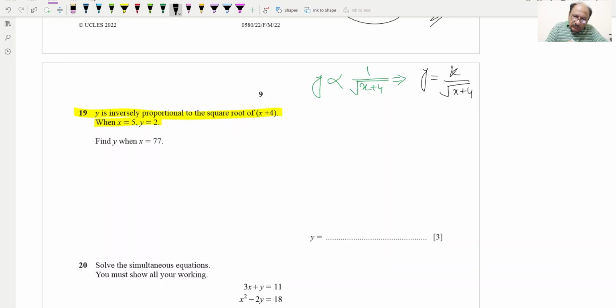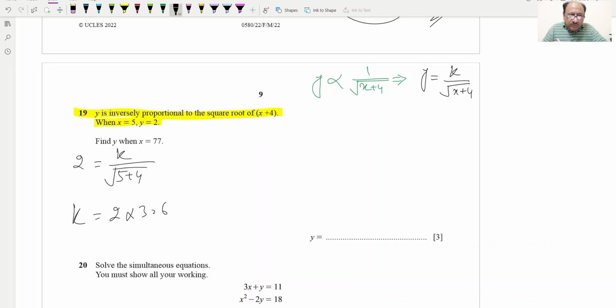So 2 is equal to k over, this will be 5 plus 4 root, which is 9 root, which is 3. So we can write k is equal to 2 into 3, which is 6.